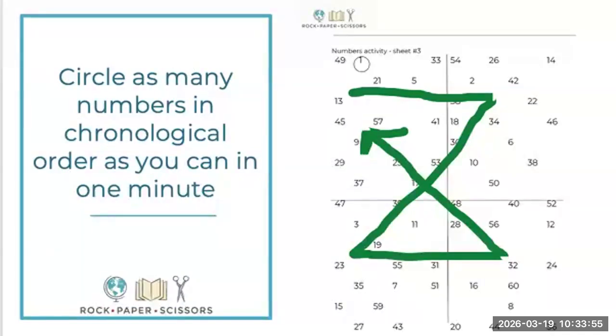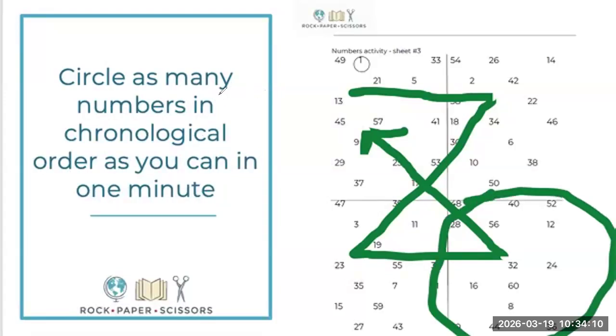So the pattern always went in that direction. So instead of having to look in the entire sheet, if you discovered the pattern, you just need to look in one quadrant at a time. Let me just erase that.